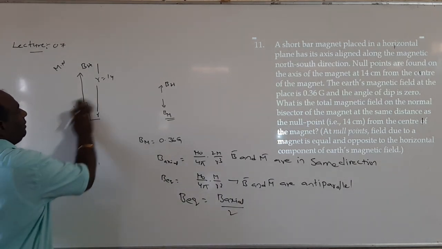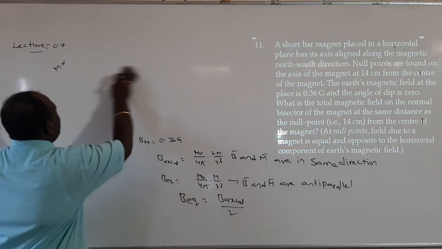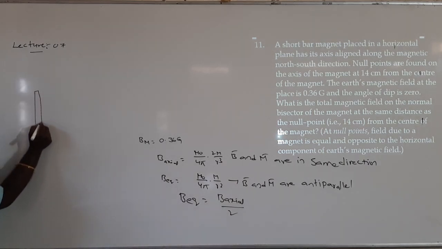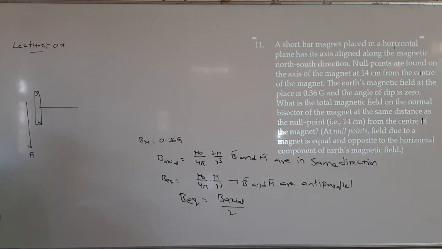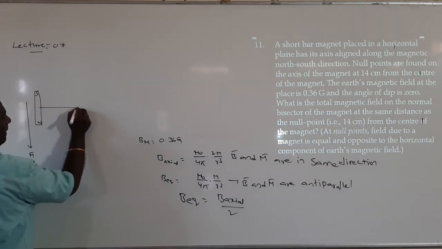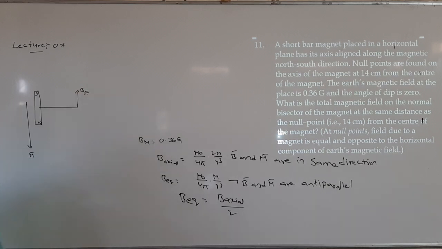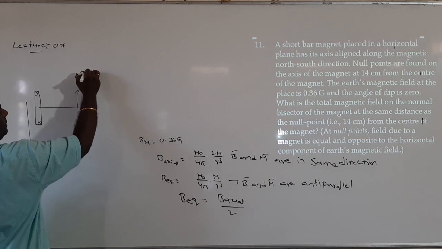Now, what is the net magnetic field along the equatorial line? This magnetic needle is in this direction. Because of this bar magnet, the magnetic moment M bar is in this direction. In the equatorial line, BE is the magnetic field due to the bar magnet, and the earth's magnetic field BH is also in this direction.